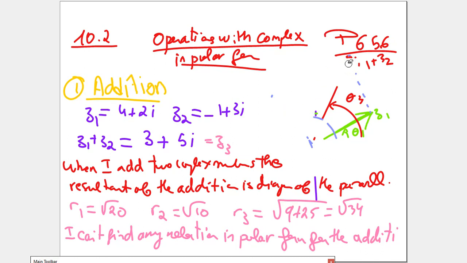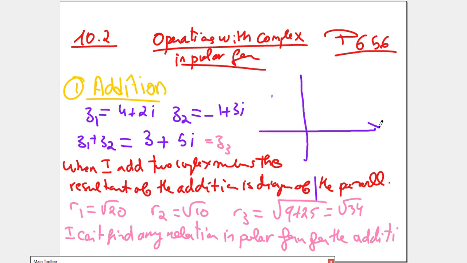If I have two complex numbers, z1 equals 4 plus 2i and z2 equals minus 1 plus 3i, I will not draw it to scale, just in the right quadrant. So z1 is here in the first quadrant, and z2 is in quadrant 2.